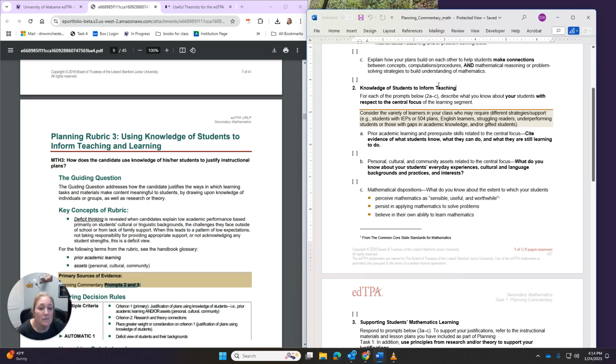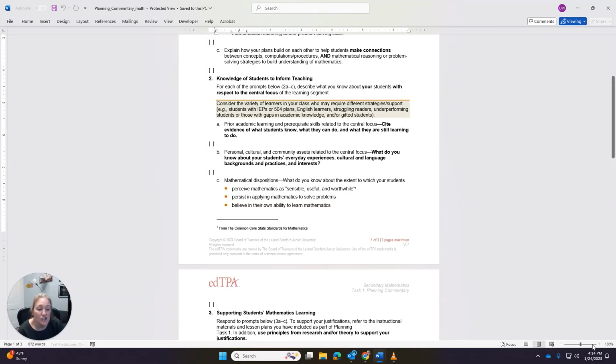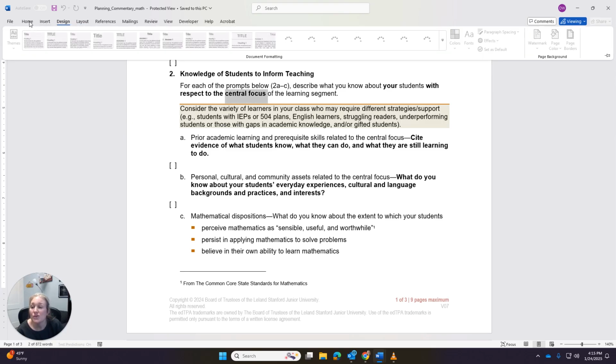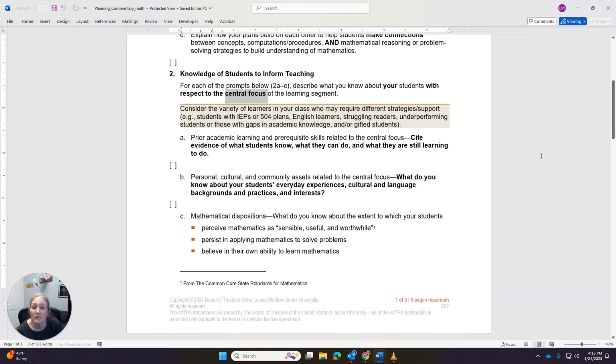When I'm talking about knowledge of my students, it is very important that I am specifically talking about knowledge that I know that relates to that central focus or to the learning objective, and I am directly tying this to the learning objective.